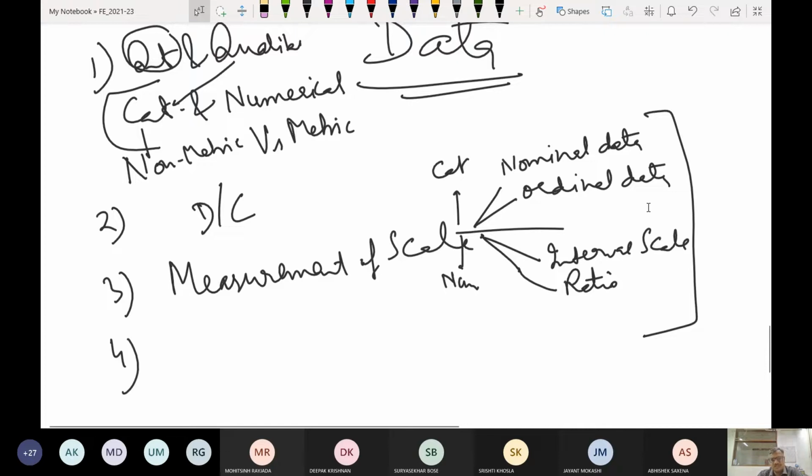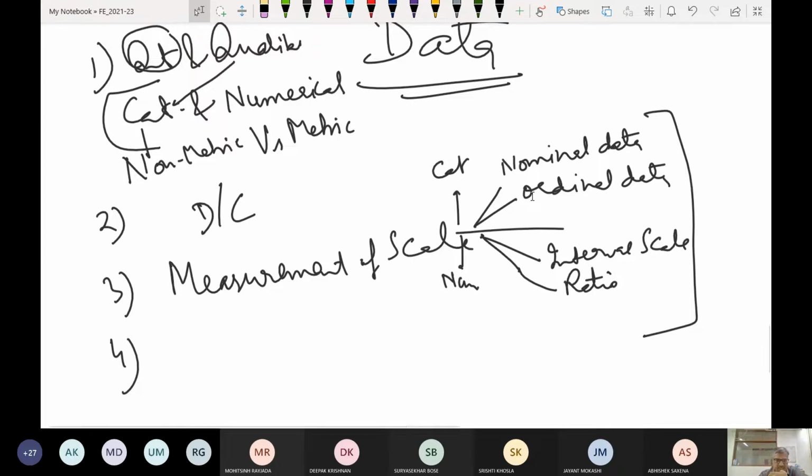Nominal is like your names, your roll numbers. Roll numbers have numbers, but they are used to identify, so when something is used to identify, we talk about nominal. Your CGPA will be ordinal, meaning A is better than B is better than C. Wherever there is grade or rating, it is ordinal data.